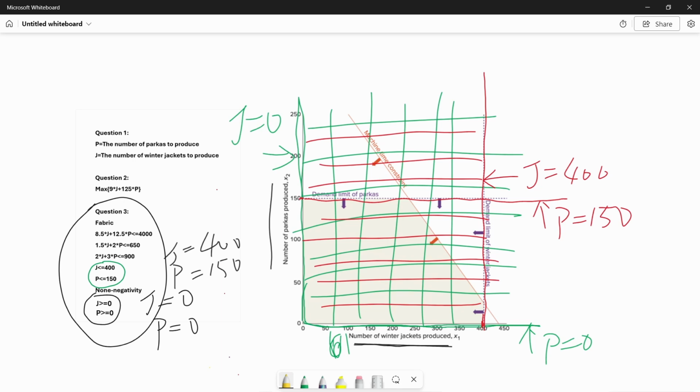So P also has to be smaller than 150. So anything above P equal to 150 is larger than 150. Anything below 150 is smaller than 150. So therefore, this whole area represents P smaller than or equal to 150.